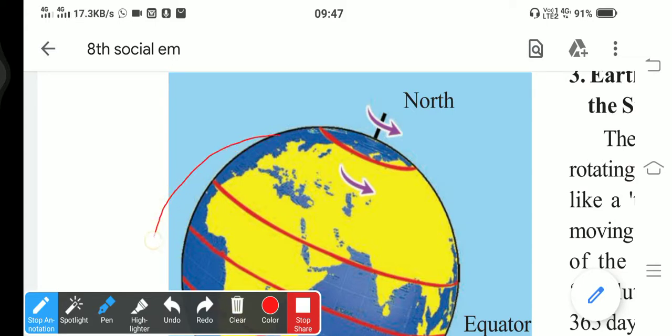So what happens when there is a curvature? Sun rays fall vertically at a limited, smaller area at the equator. So this area receives high insolation, so it becomes much heated.